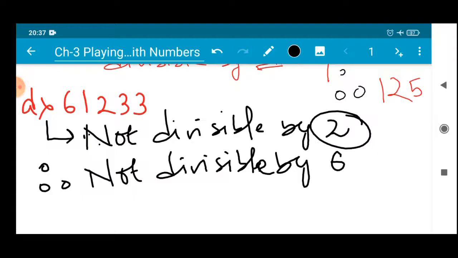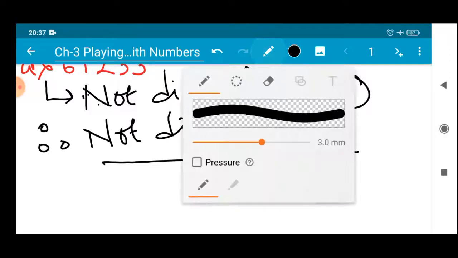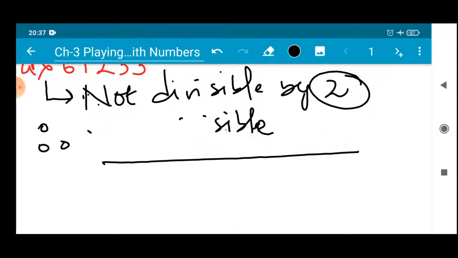Why? Because we came to know that it is not divisible by 2. Of course, if it is also divisible by 3, that will not matter, because both 2 and 3 have to divide the given number. So we will consider that it is not divisible by 6. Okay, if you want to check by 3 also, you can go further. Let's do that also and consider the statement at last.